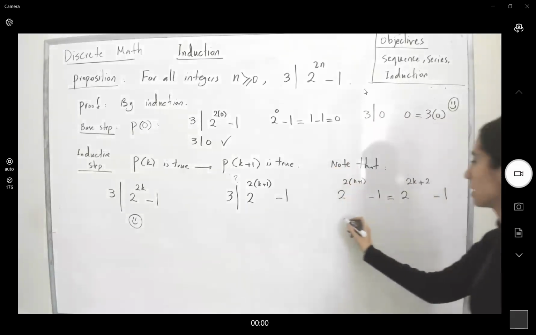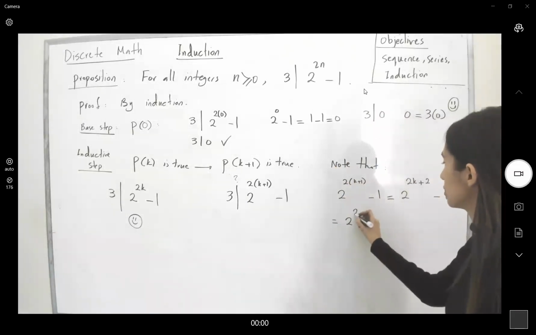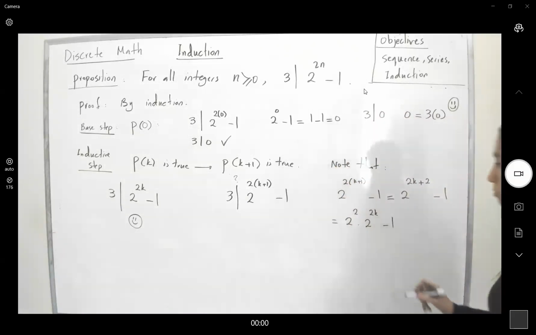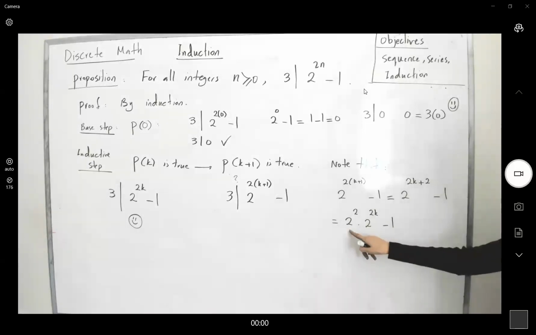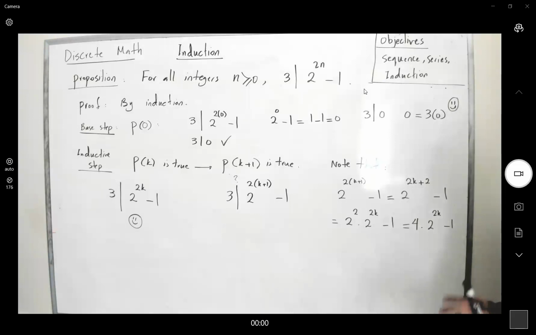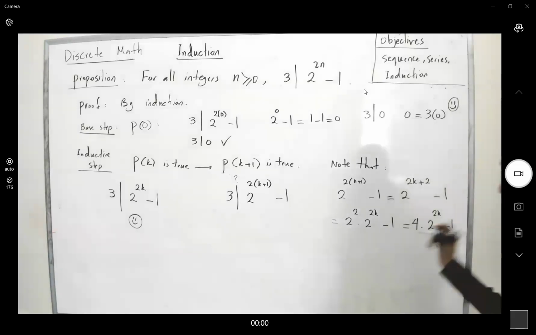This can be written as 2 raised to 2 times 2 to the 2k, minus 1. I have 4 times 2 to the 2k, minus 1. Take a look at this. Here you have 4. 4 can be written as 3 plus 1.